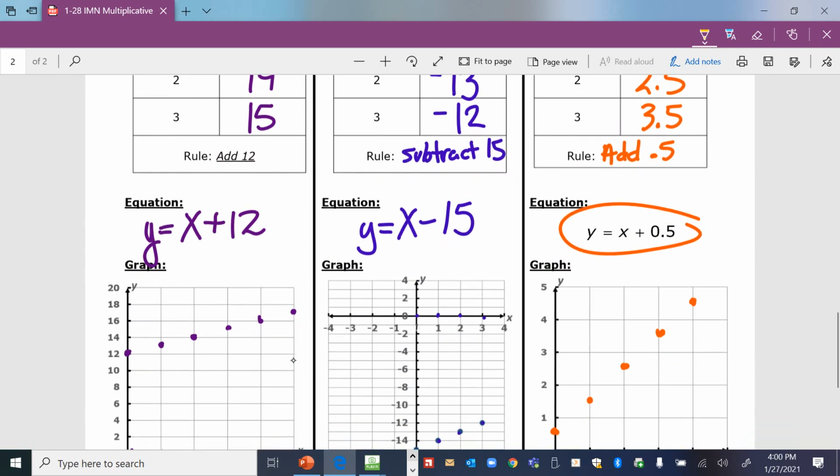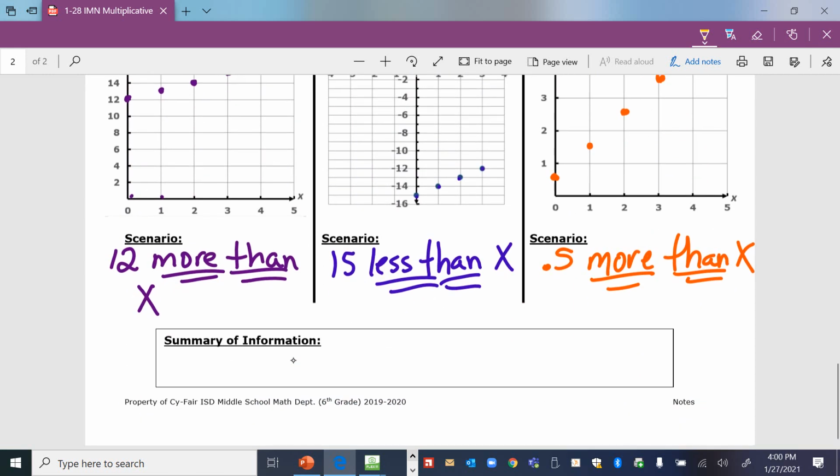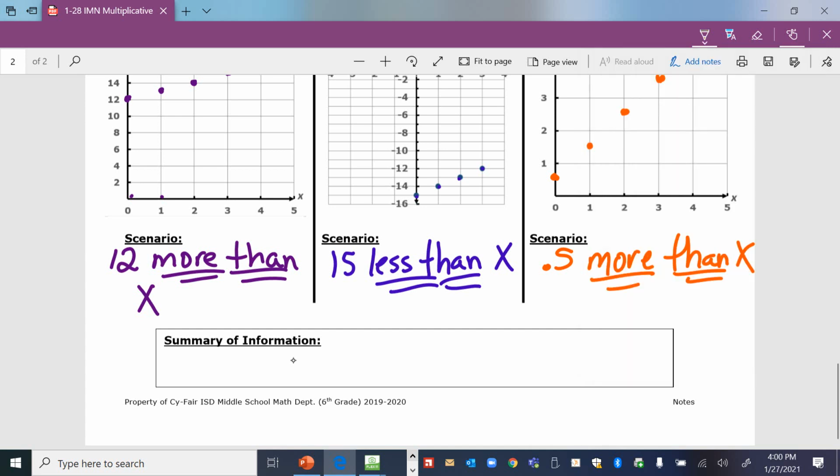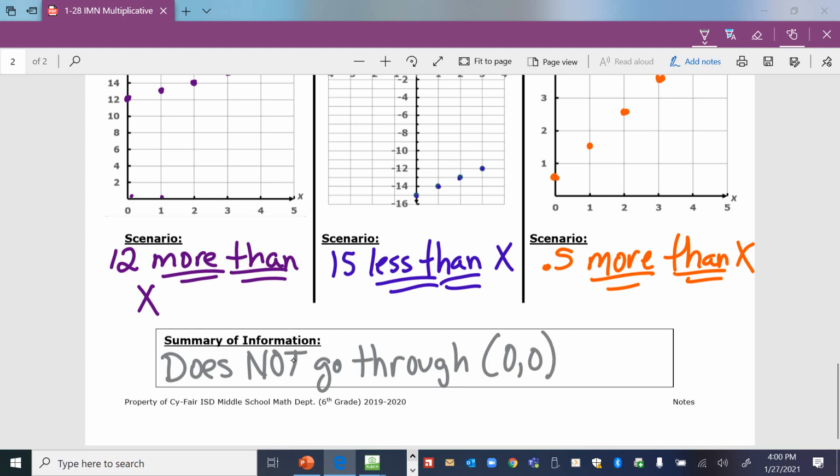So let's go down to the bottom and just simply say, does not go through (0, 0), also known as the origin.